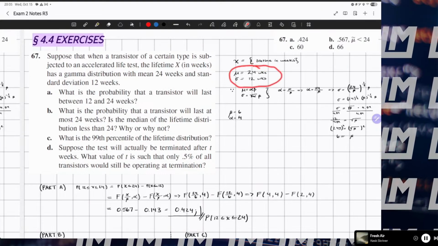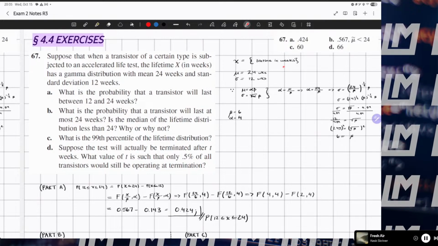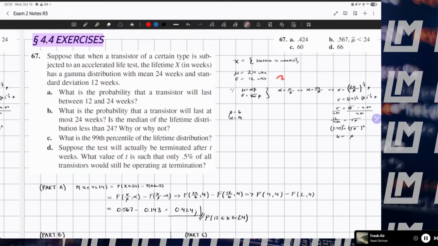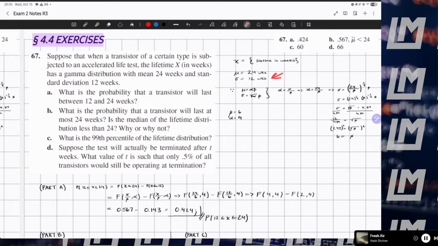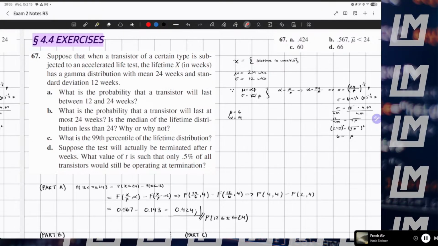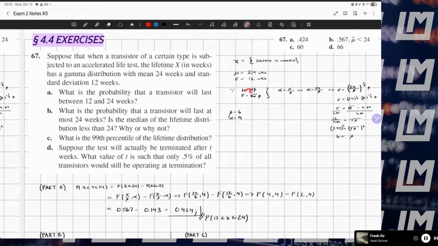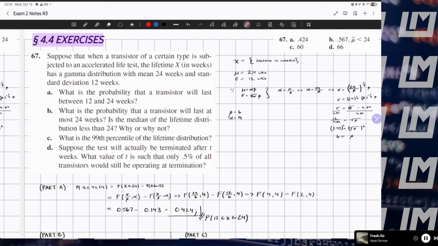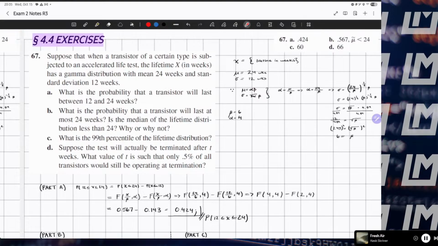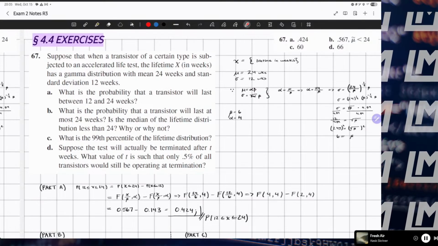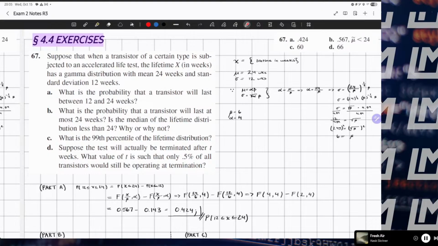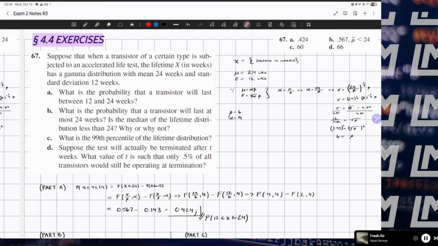So it's giving you 2 right here. So we know what the mean is, and we now know what the standard deviation is, right? And since this is in the formula sheet, if you go into the formulas, let me make sure I actually have this on my formula sheet. This is for 4.4 gamma distribution.